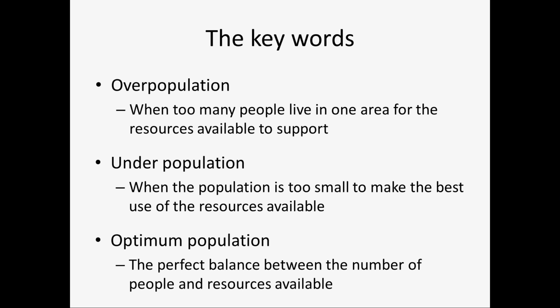Underpopulation is the complete opposite, when the population is too small to make the best use of the resources. These are normally rich countries because they can export all of the waste, in inverted commas, resources they don't need. And then optimum population is the perfect balance between the number of people and the resources available. So ideally that's where you want to be.